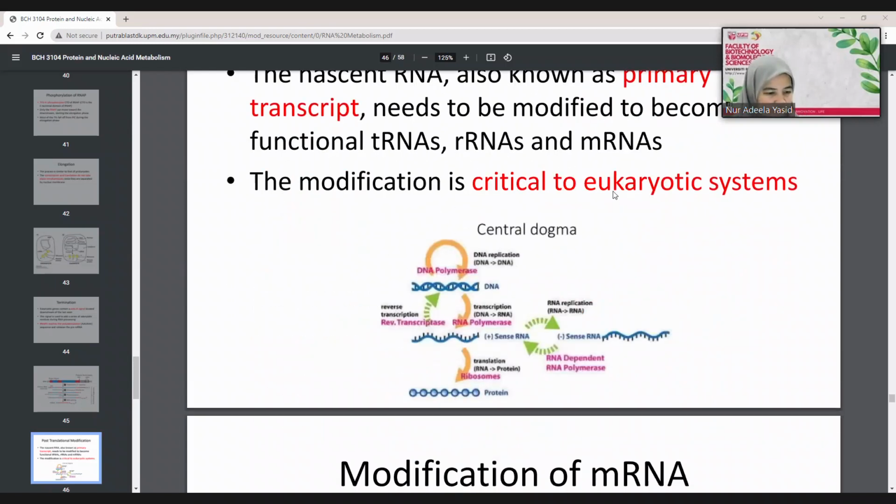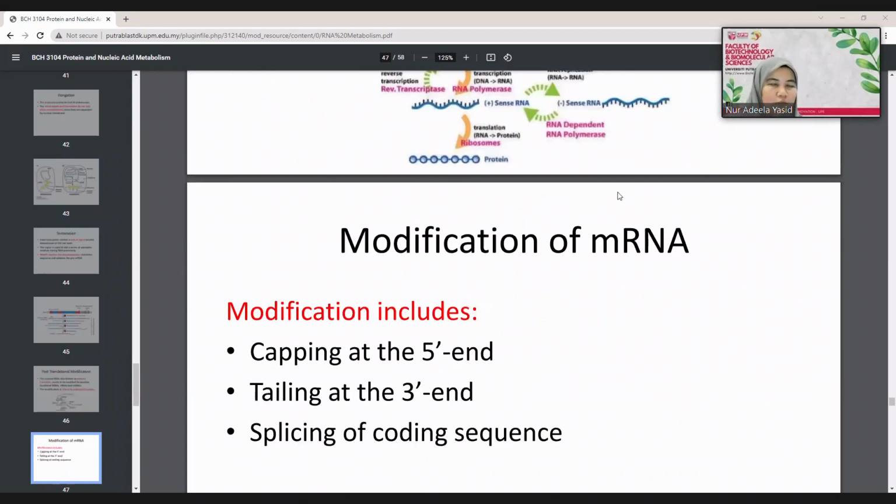So how is this modification carried out? Modification of mRNA includes capping at the 5' end, tailing at the 3' end, and also splicing of the coding sequence. So these are the three modifications.